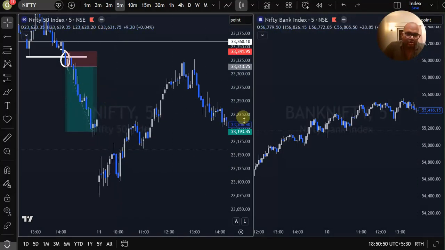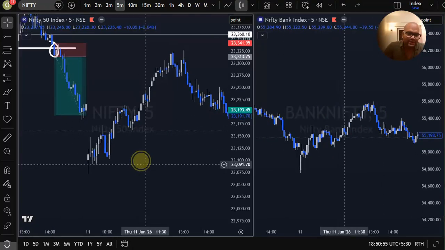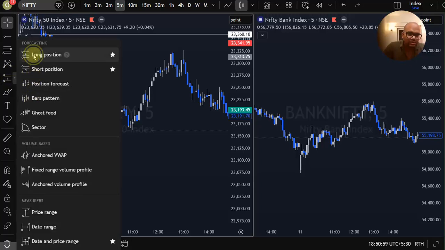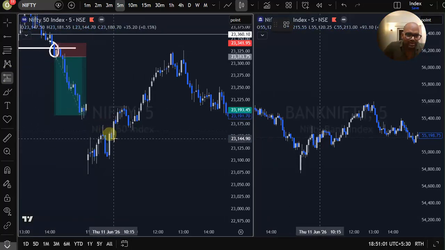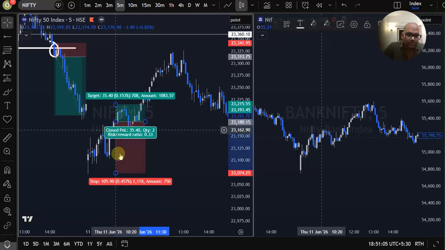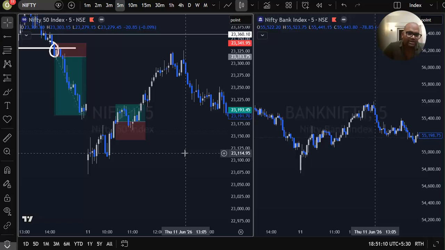After that, on the 11th, the market was very, very bullish. If you see on the 11th, on the long side, there was a breakout of this candle. This was the breakout.